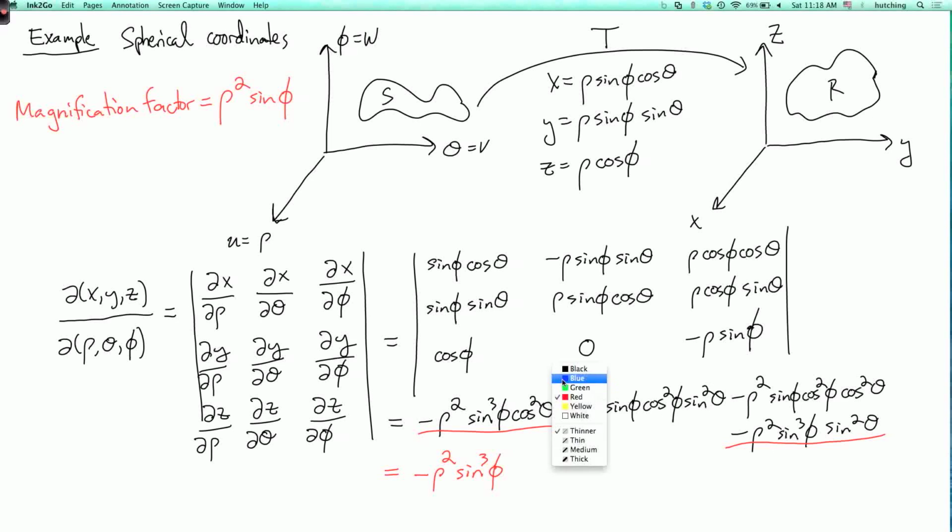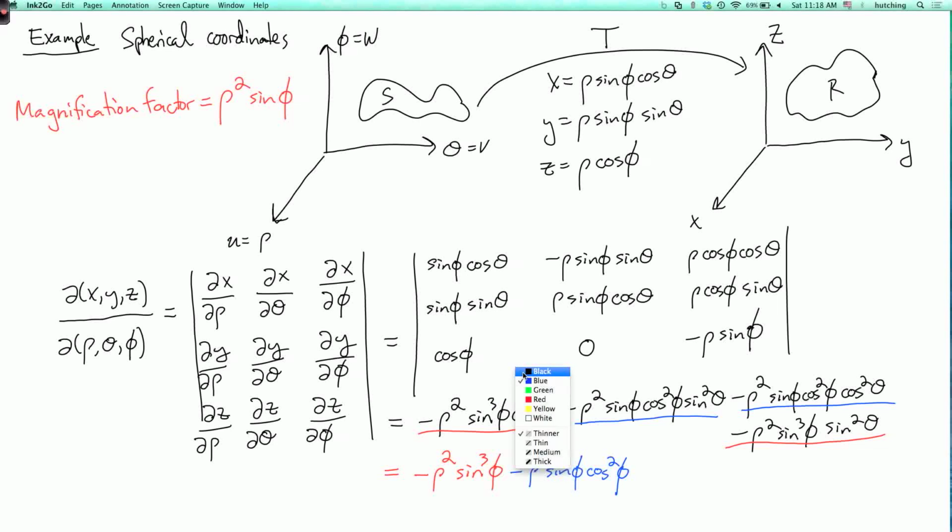And then if we look at these two terms here, we see that they're the same, except that the sine squared theta turns into a cosine squared theta over there. So the sum of the blue terms gives me minus rho squared sine phi cosine squared phi.